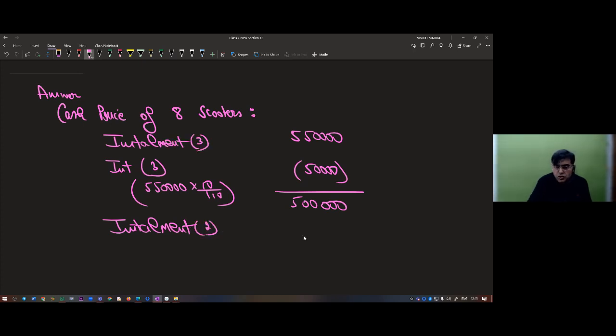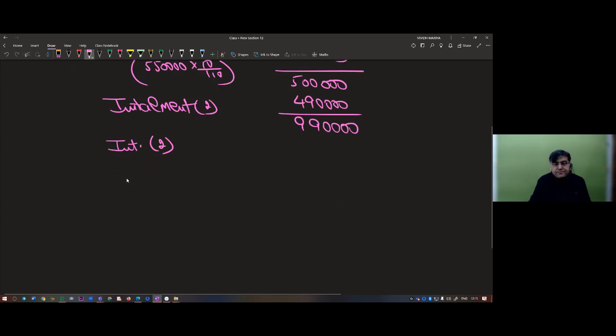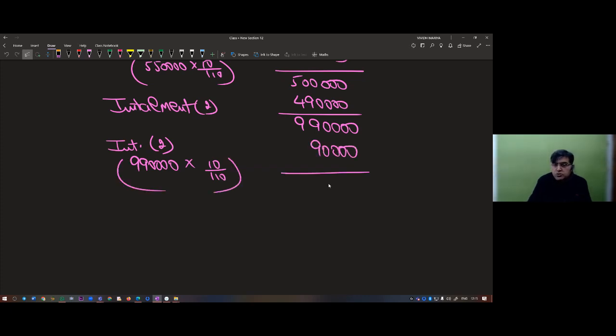This is installment 2, 490,990. Interest 2 will be 990 into 10 upon 110. It is 90,000.